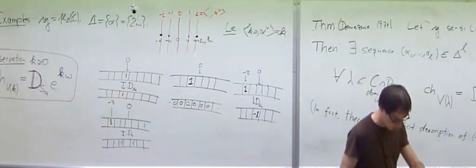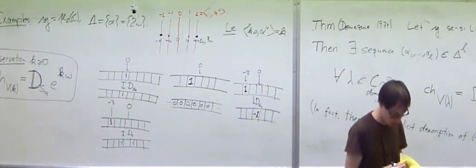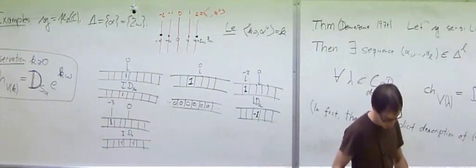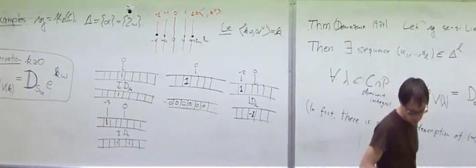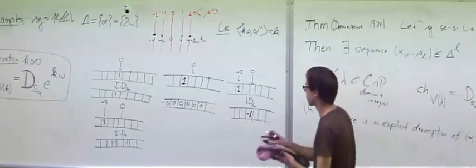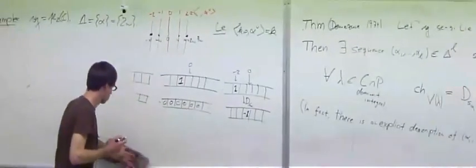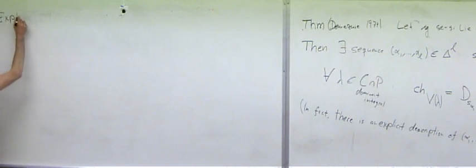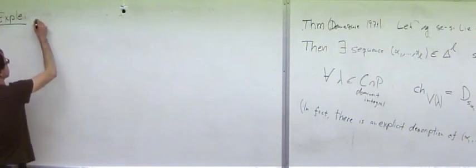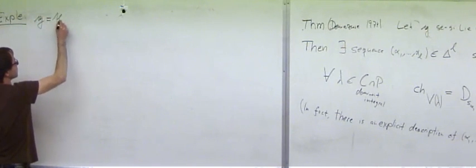So let me show how to compute the character of the adjoint representation of SL3 by this character formula. The group is SL3.